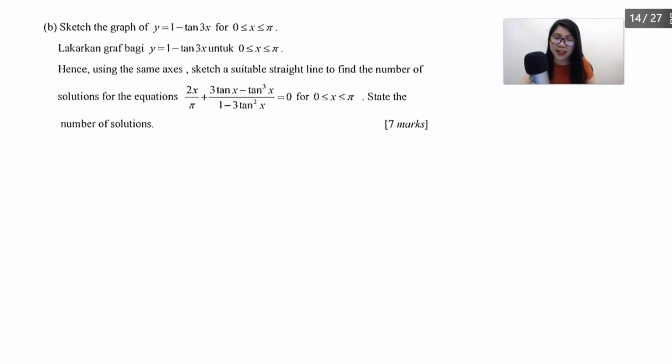Okay, now let's look at B. This is sketching the graph. Sketch the graph y equals 1 minus tangent 3x for x between 0 and pi. Pi is actually 180 degrees. Before drawing, I'm going to explain what the graph of tangent x is, what the graph of tangent 3x is, and what the graph of negative tangent 3x is, so that you can understand better.